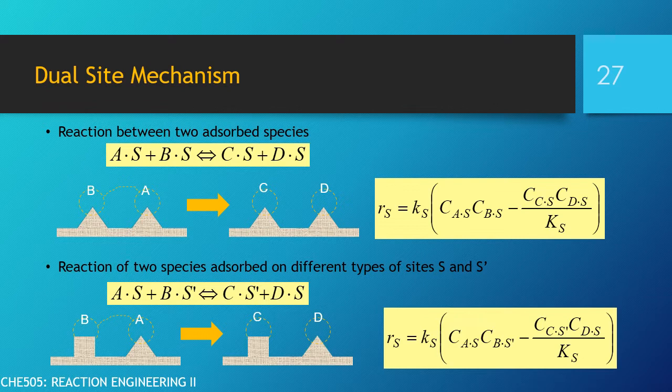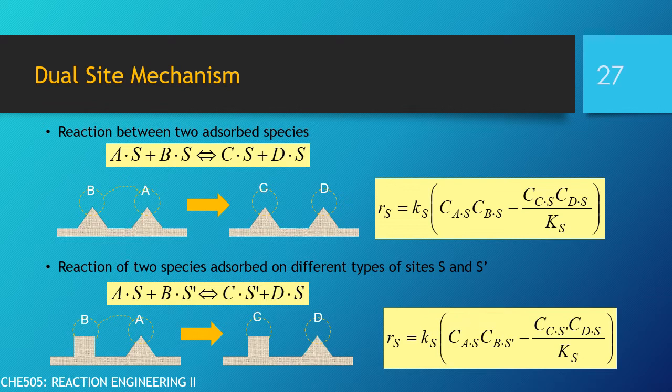The adsorbed species B is attached to the rectangle active site, and adsorbed species A is attached with the triangle active site. And the reaction will occur to produce product C that attaches to the rectangle active site and product D that attaches to the triangle active site.